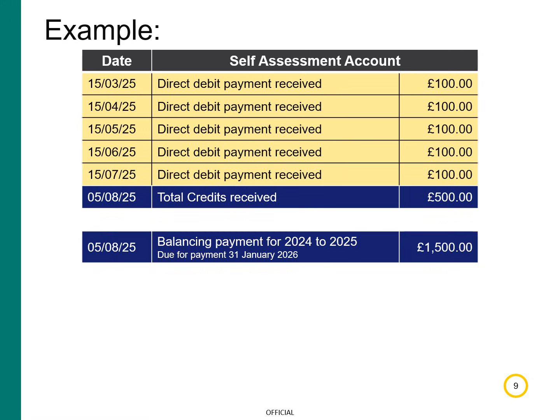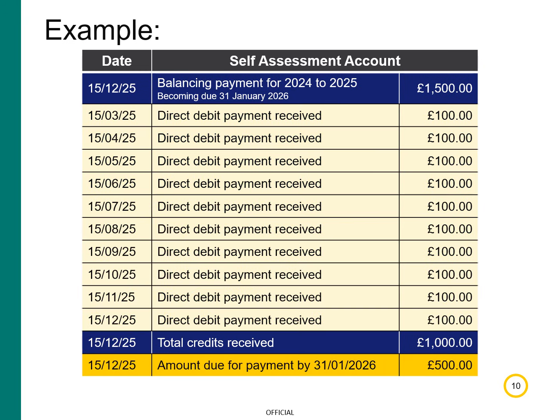This shows on your self-assessment account a few days after we receive the tax return as due for payment by the 31st of January 2026. The £100 monthly payments you've been making each month from March 2025 will show as a credit on your statement until the balancing payment is becoming due, but will not show on your tax calculation.